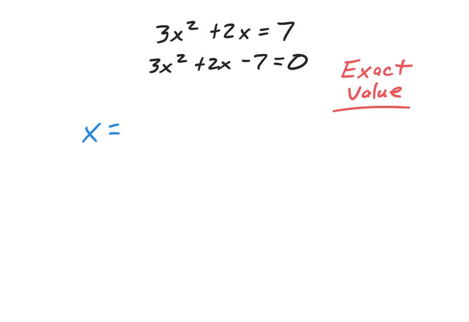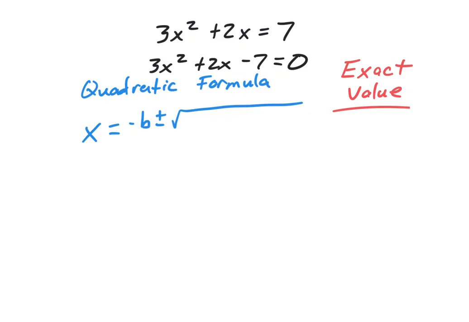Okay, quadratic formula. x equals the opposite of b plus or minus the square root of b squared minus 4ac all over 2a.